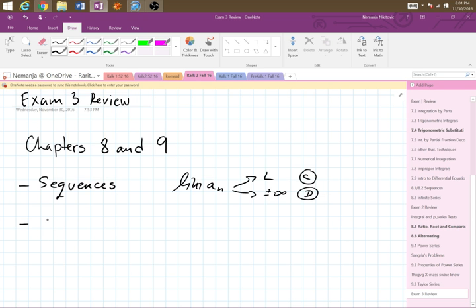And then we are moving into series, and the series are the sum of the sequence, which means we now have summation of ak or an that can start at 0, at 1, at any value. And for this one, we actually have 10 different tests.